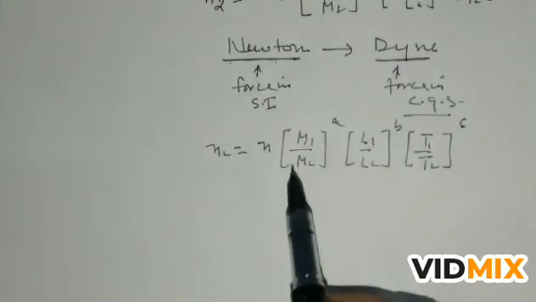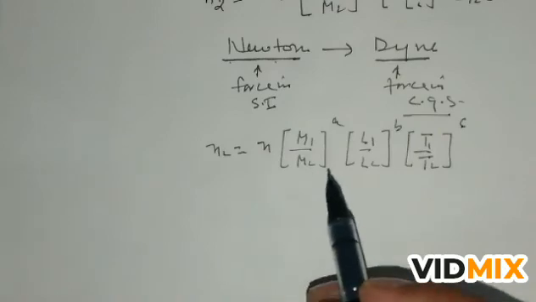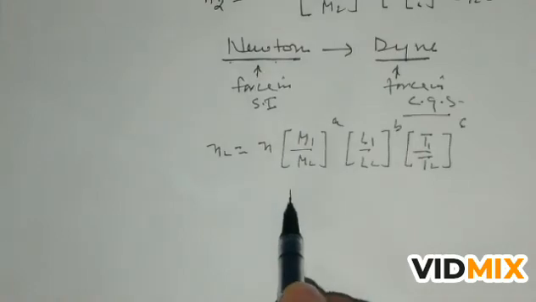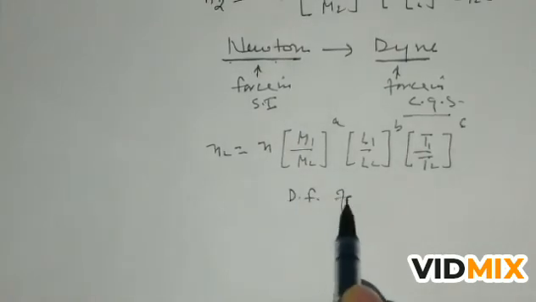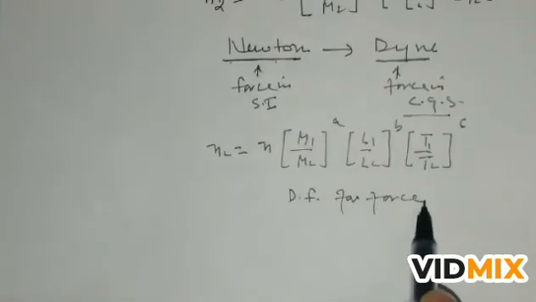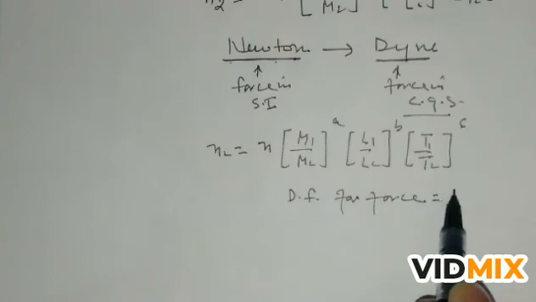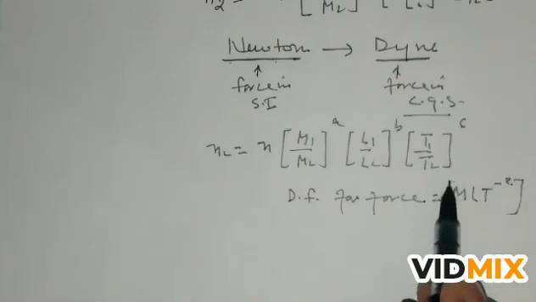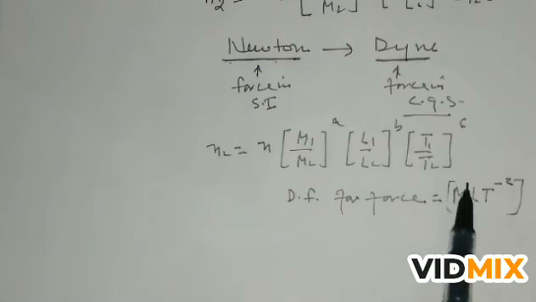Now dimensional formula for force is M L T to the power minus 2. Now you see the dimension of m is 1, length is 1, and time is minus 2. So this is the dimension of this. So we will put it here.